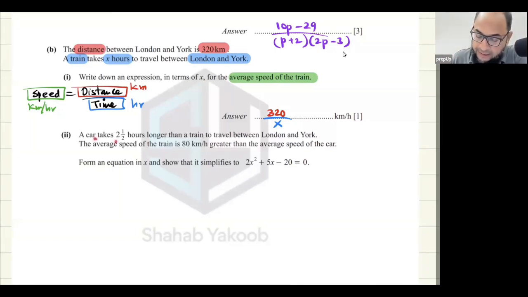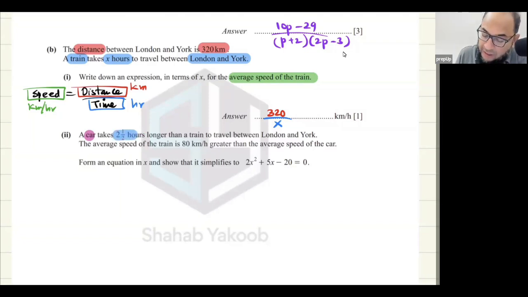A car takes 2.5 hours longer than a train to travel between London and York. So now we are talking about a car, and it's taking 2.5 hours longer. So let me highlight this, 2.5 hours longer. So 2.5 hours is added to the number of hours x.